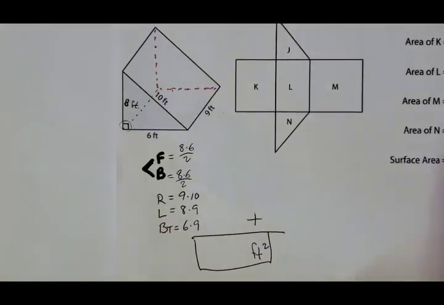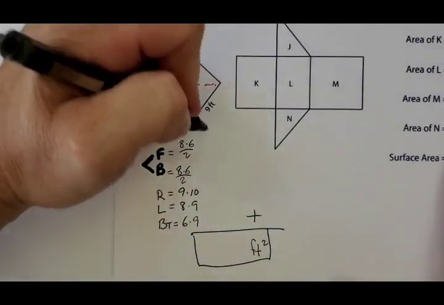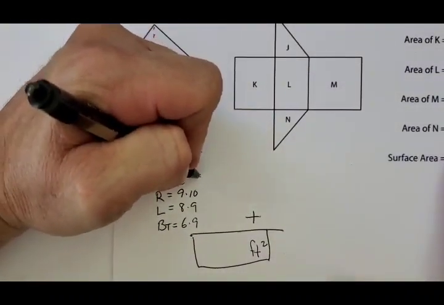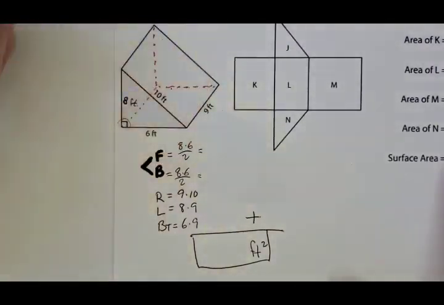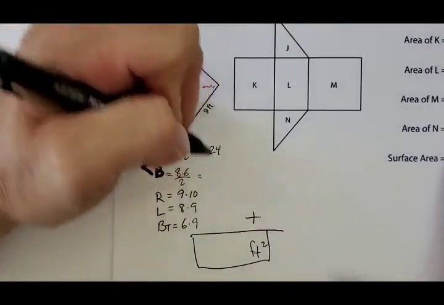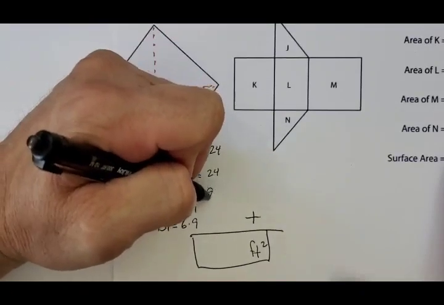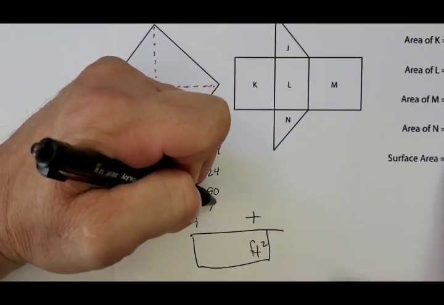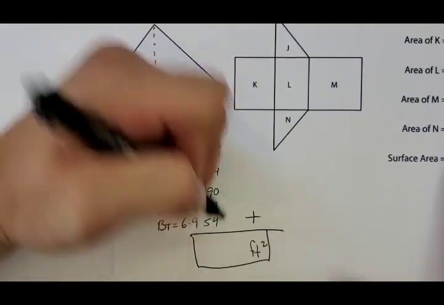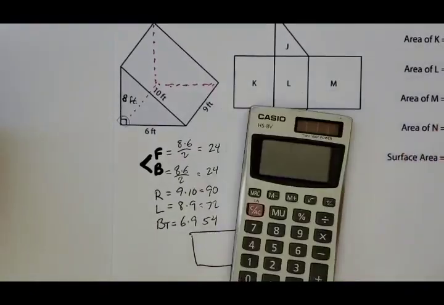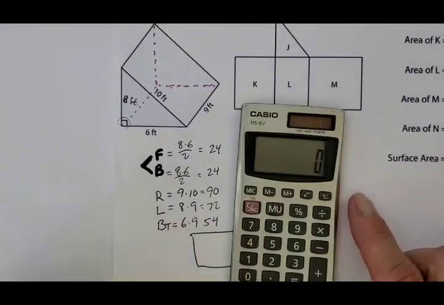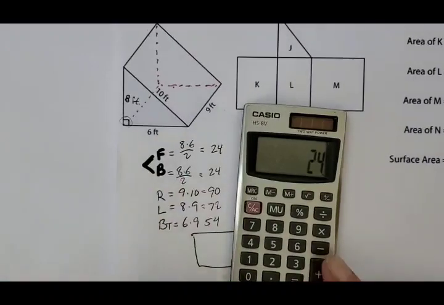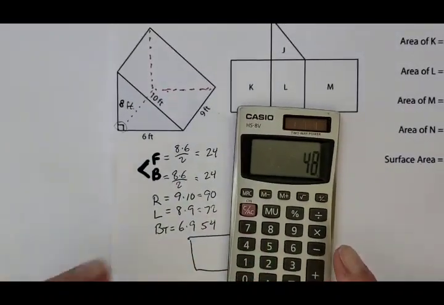You've got to pay attention to the measurements and the dimensions. So 8 times 6 is 48 divided by 2. Each of these is 24. This one is 90. This is 72. And that is 54. I've stopped adding it all up in my head. Enough errors here and there. Let the calculator do it.